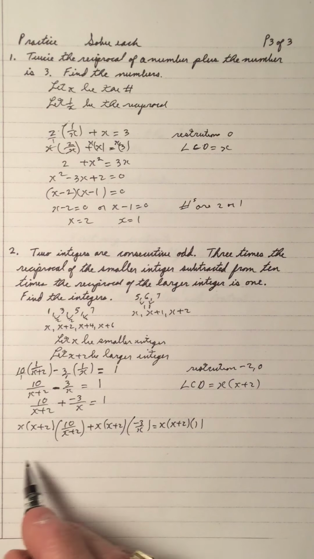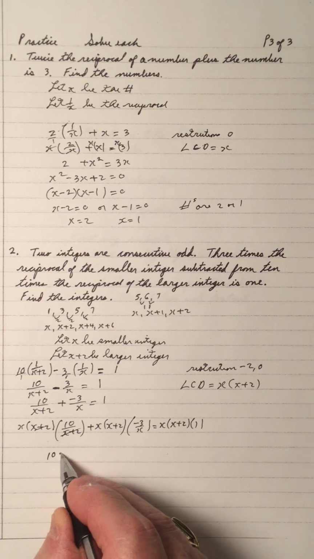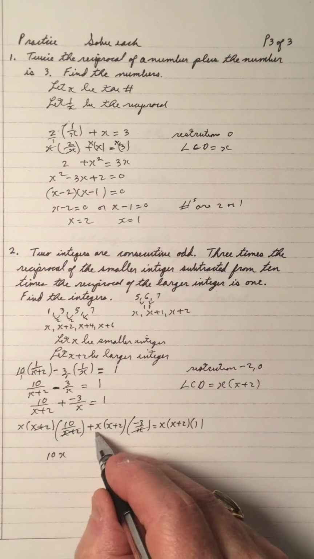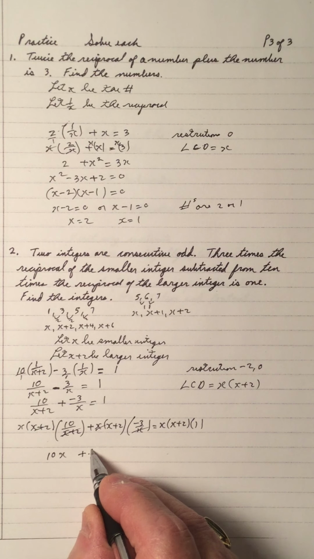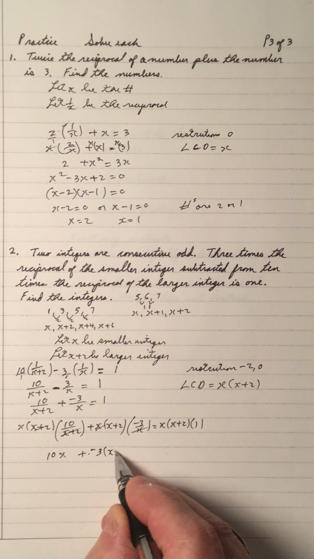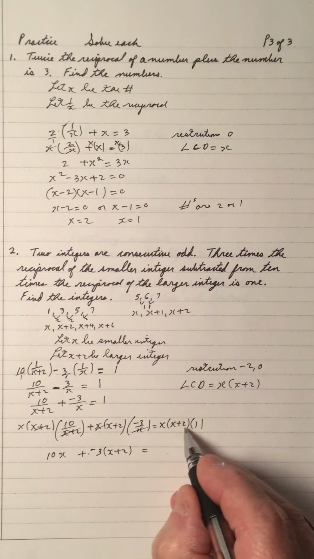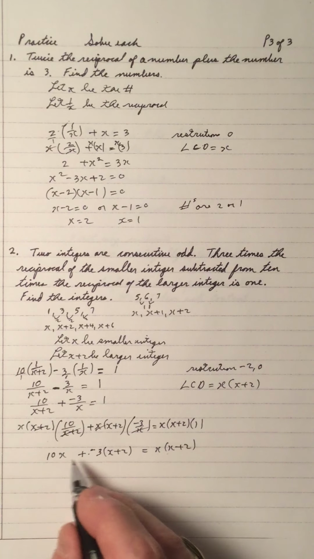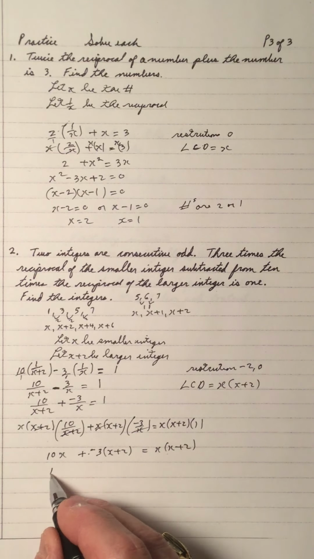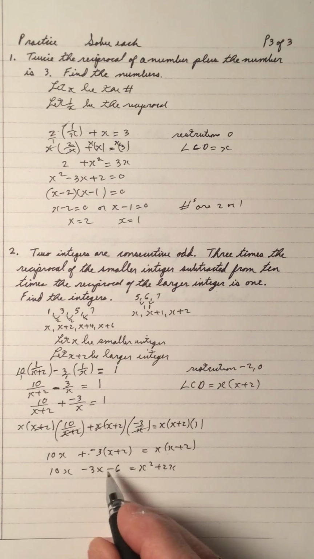That means every denominator should cancel. They cancel, and I get a 10x. And the x cancels, and I get negative 3 times x plus 2. No cancellation here. I get x times x plus 2. Simplify the equation. I get a 10x minus 3x minus 6 equals x squared plus 2x.